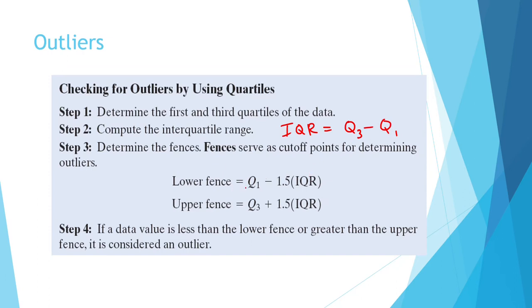The lower fence is equivalent to Q1 minus 1.5 times the interquartile range. The upper fence is equal to Q3 plus 1.5 times the interquartile range. If a data value is less than the lower fence or greater than the upper fence, it's considered an outlier.